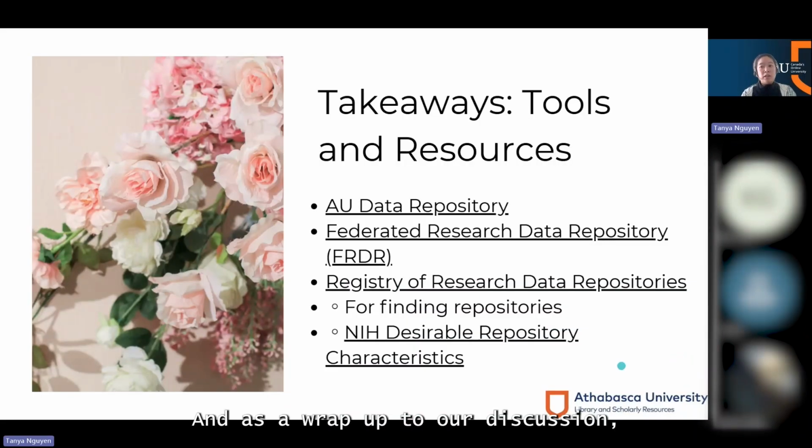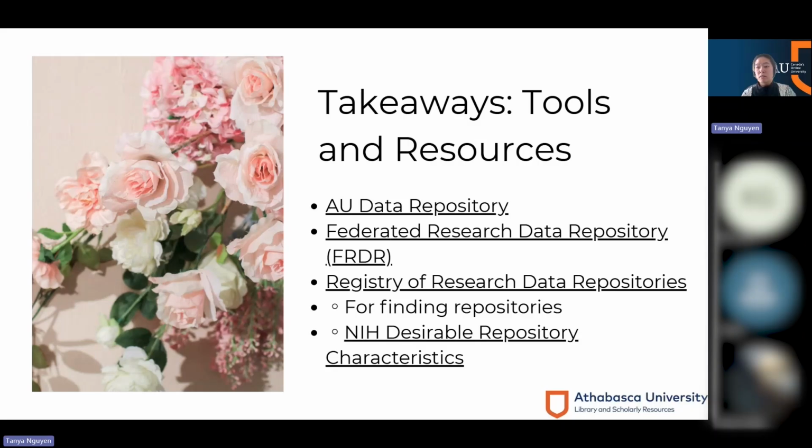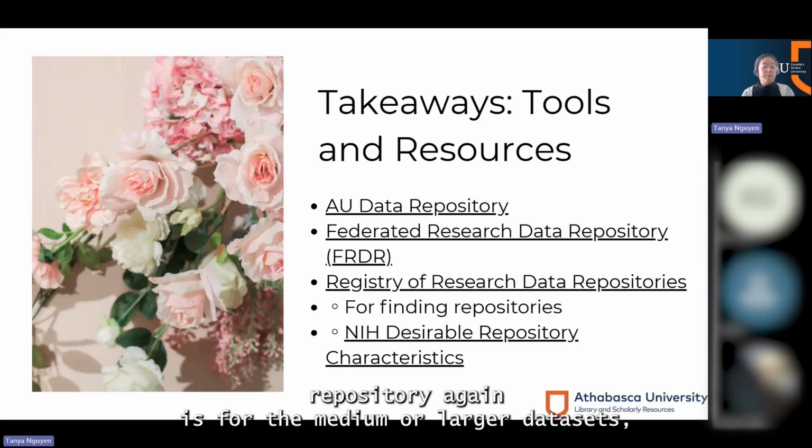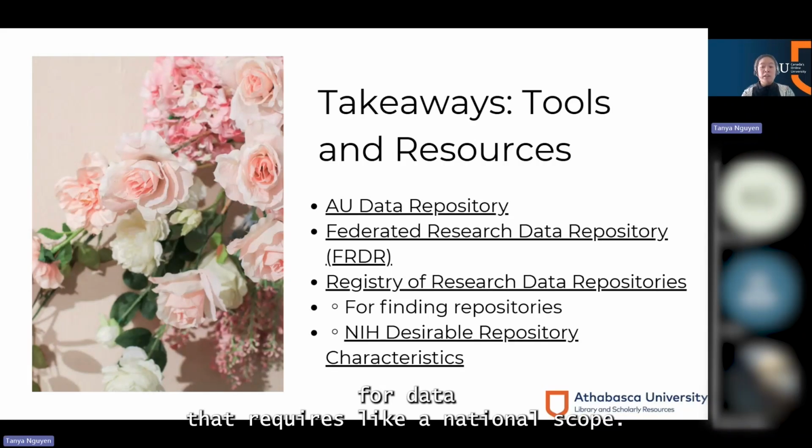And as a wrap up to our discussion, these are some key tools and resources. The AU Data Repository is an excellent resource for sharing your research outputs, and the Federated Research Data Repository, again, is for the medium, larger data sets, for data that requires a national scope.